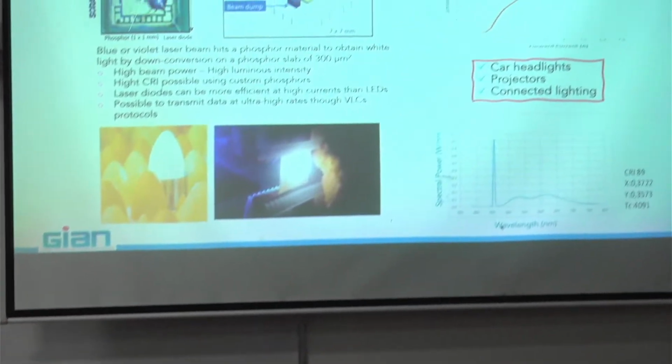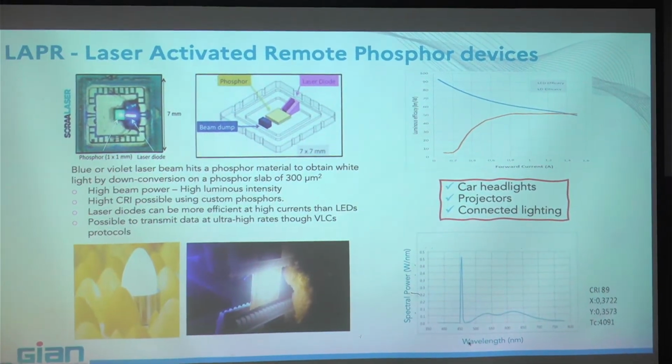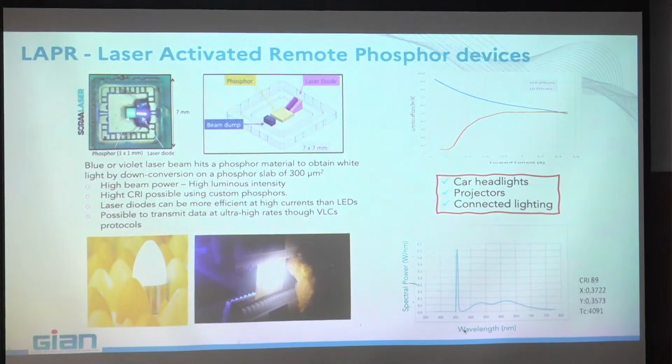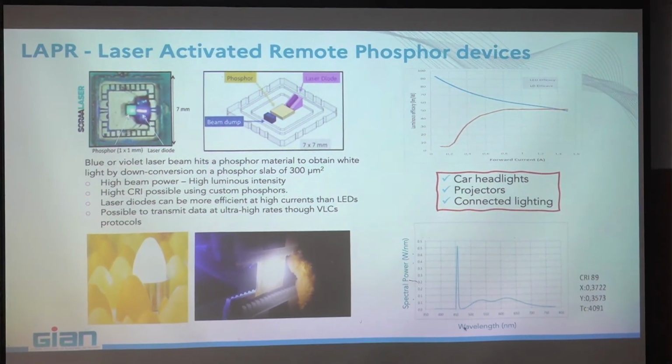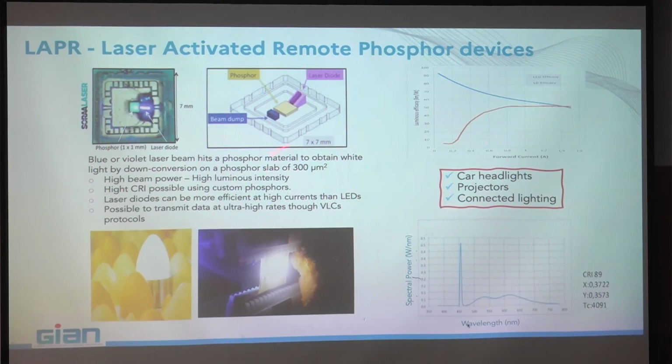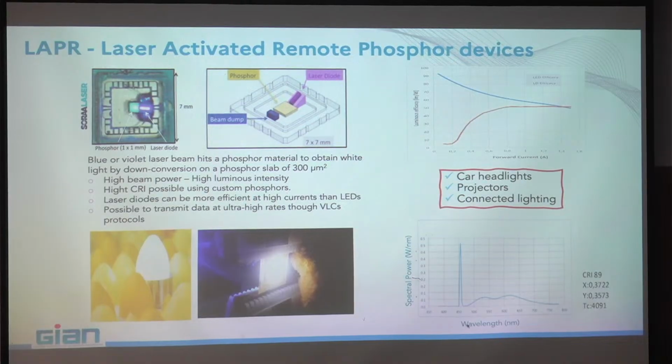Some other SSL technologies. One is using lasers instead of blue LEDs. This is something that is working very well today in cars. You can see here an example. The piece of the phosphor that I showed you is that one.